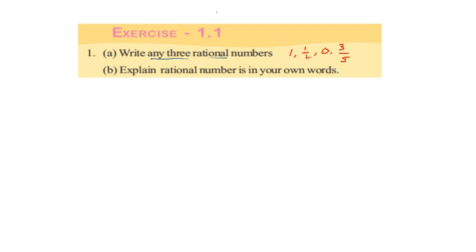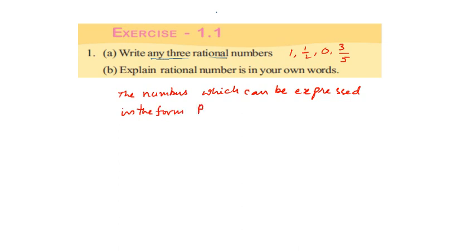The numbers which can be expressed in the form of p by q, where p, q belong to Z, q is not equal to 0, are called rational numbers.